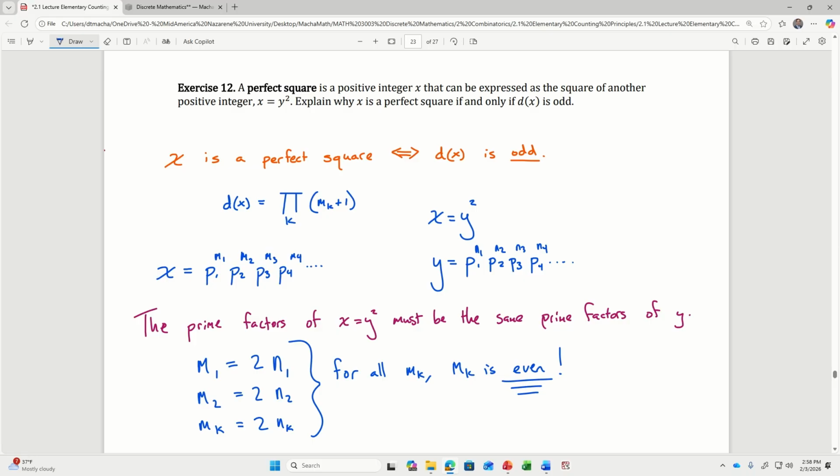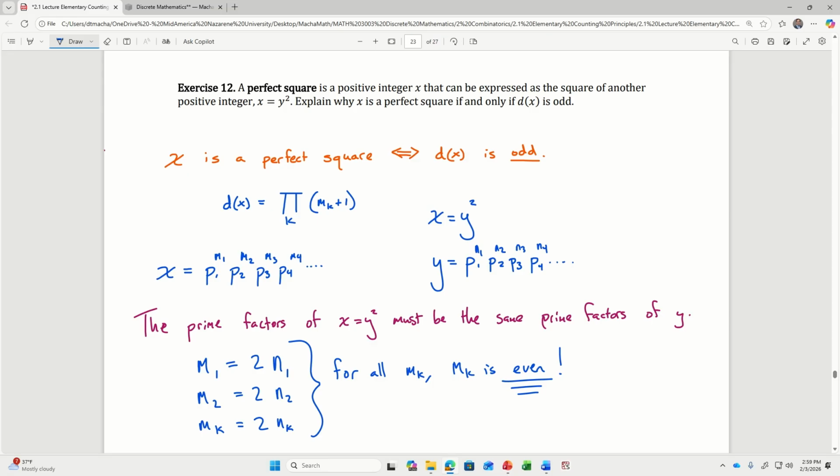Okay. Now go back to my formula for the divisor function. D of x is equal to the product of factors that look like mk plus 1. If mk is even, what's mk plus 1? Odd. If I multiply a bunch of odd numbers together, I get an odd number, right? 3 times 5 times 7 times 9. The product of a bunch of odd numbers is always odd. And so that would give me an odd number of divisors.